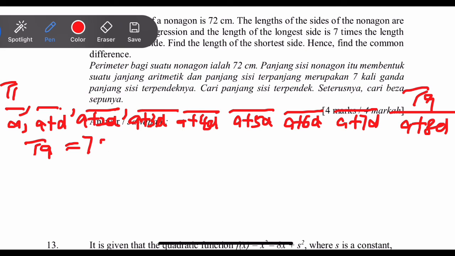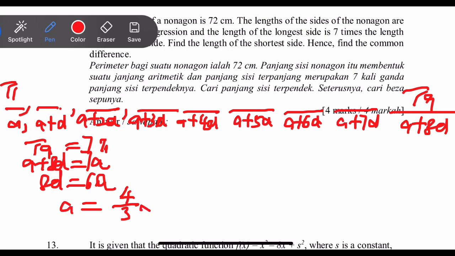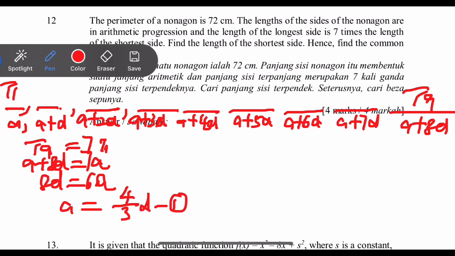It's given that the longest term, T9, is 7 times the shortest term, 7 times the first term. So now a plus 8d equals 7a. That means 8d equals 6a. So it also means that a is equal to 4 over 3 d. We can't do anything more, so we label this as 1.